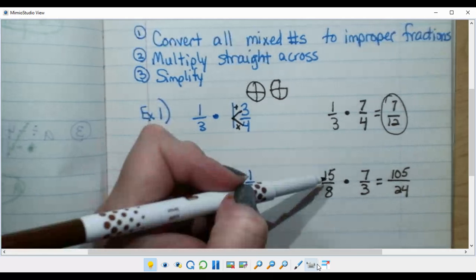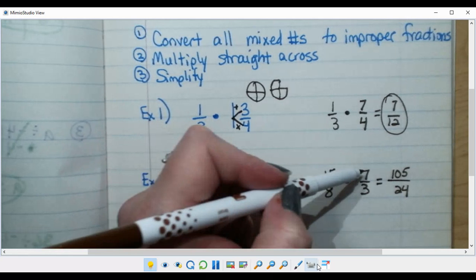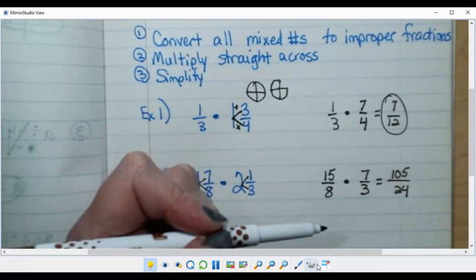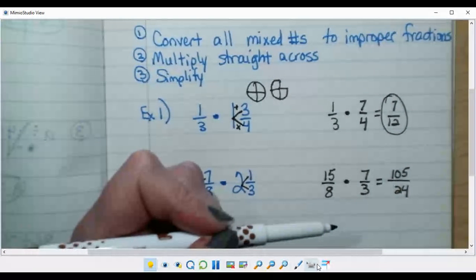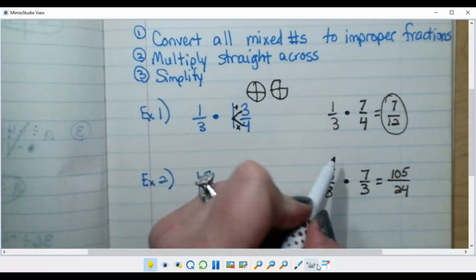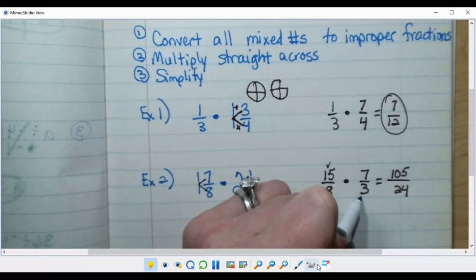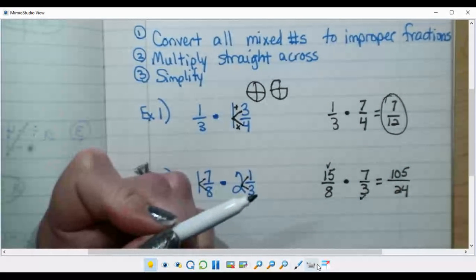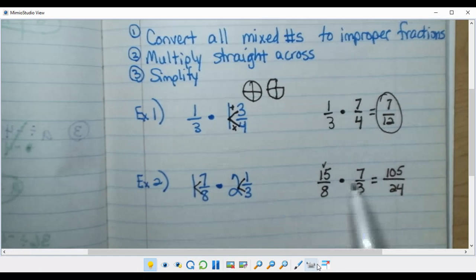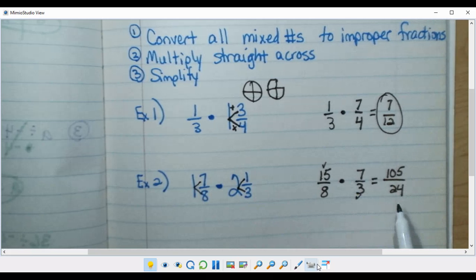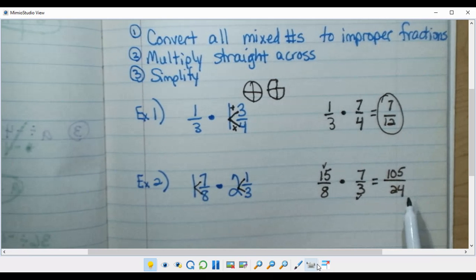If I see something on the top, either here or here, doesn't matter which side, and I see something on the bottom, again, either place, and they have a common factor. So in this case, I'm looking at the 15 and the 3. Both can be divided by 3. But I know because there's a common factor that my answer is not simplified yet.